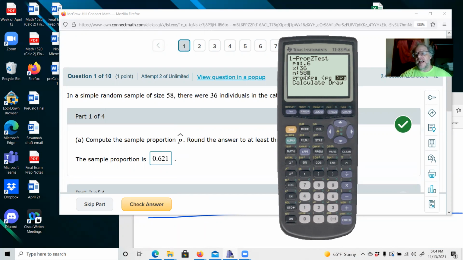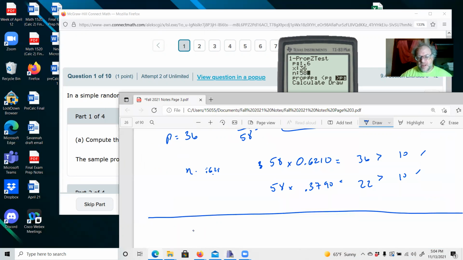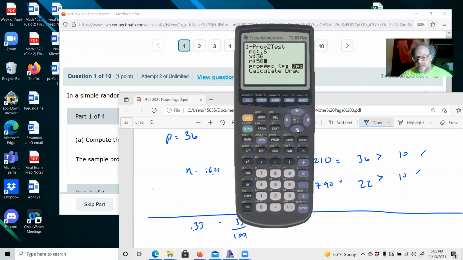You might ask, what if they only gave me 0.33? Then we say this is 33 over 100, so X is 33 and N is 100. If they terminate the decimal, all we're going to do is write it as a fraction. So we can go ahead and do that.